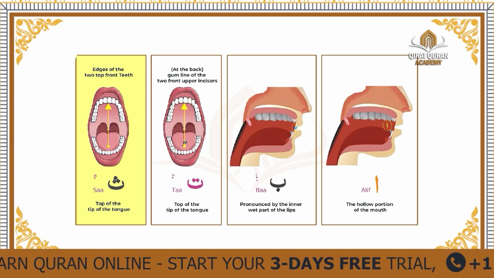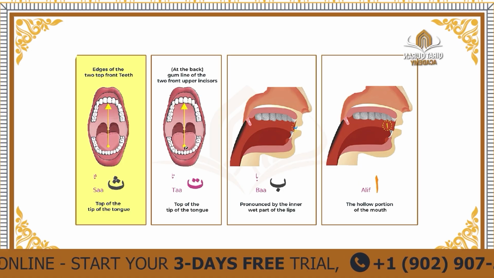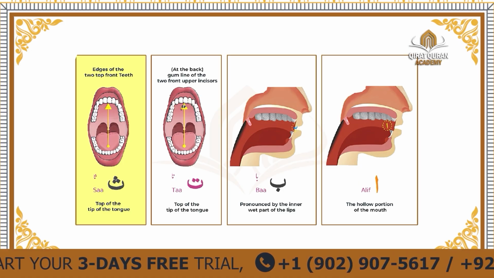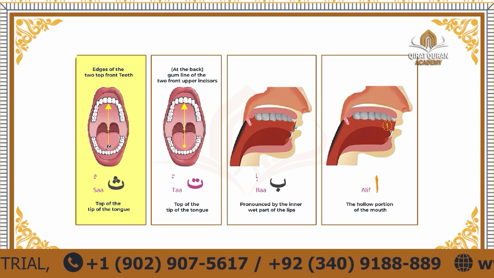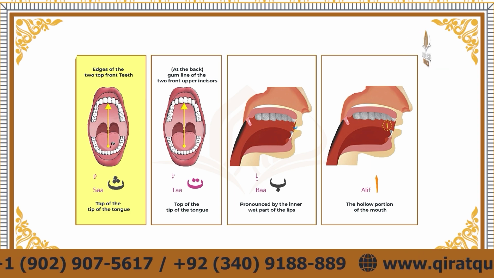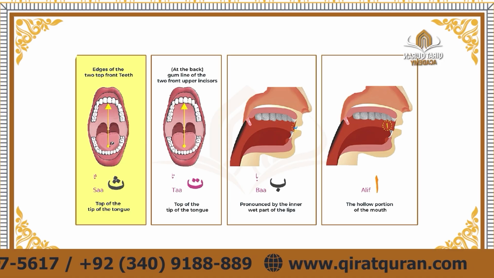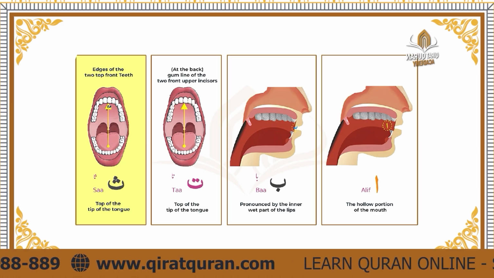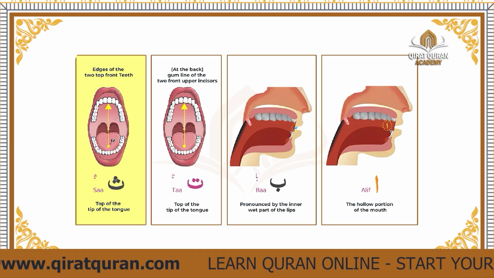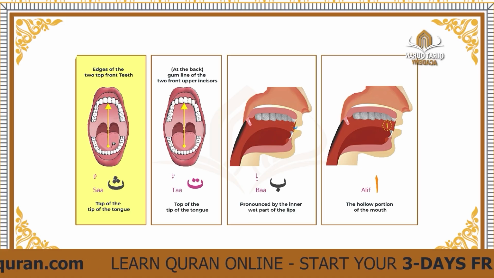In ta, we were putting the tip of the tongue at the gums of the upper teeth, but in sa, we have to put the tip of tongue on the edges of the front teeth. Okay, so that's how you have to pronounce sa.